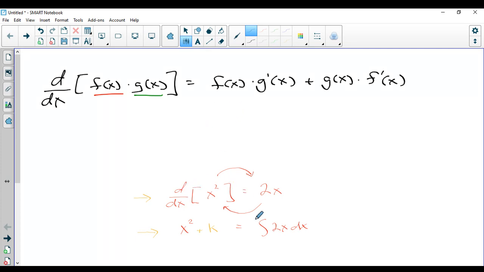So look at what we did here, and then we can apply that same thing here. We basically can say that the integral of the right side, which, by the way, the integral of the sum is the sum of the integrals, I can write as the integral of f of x times g prime of x dx plus the integral of g of x times f prime of x dx.